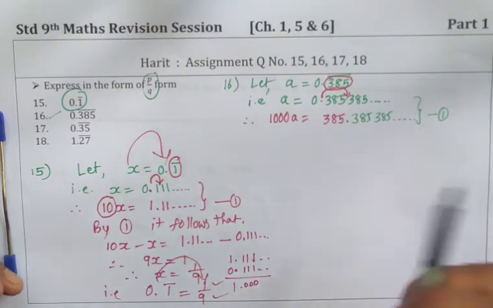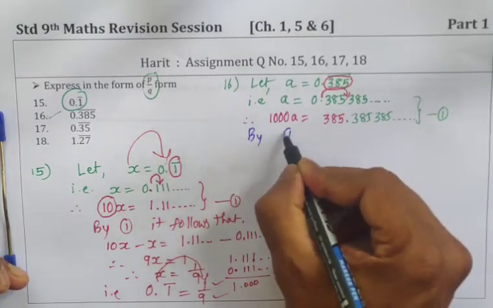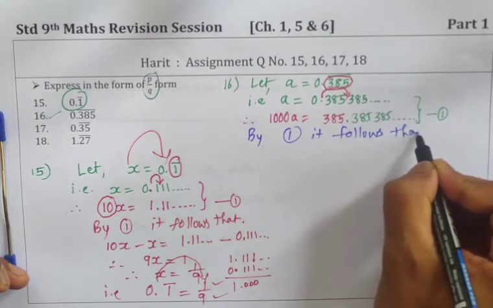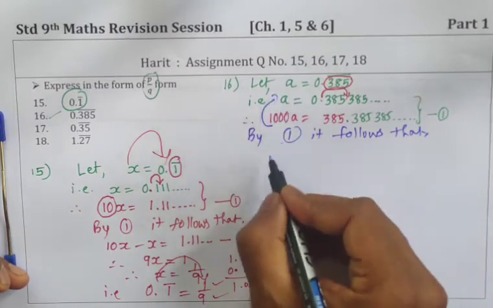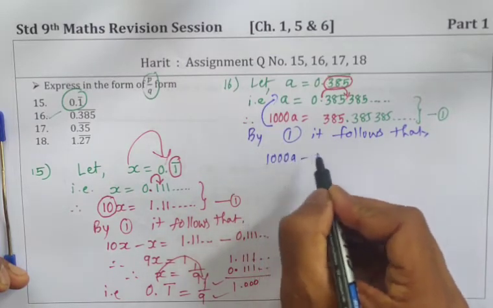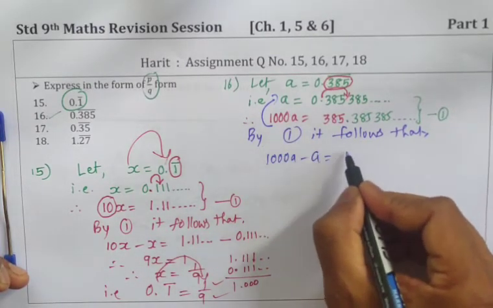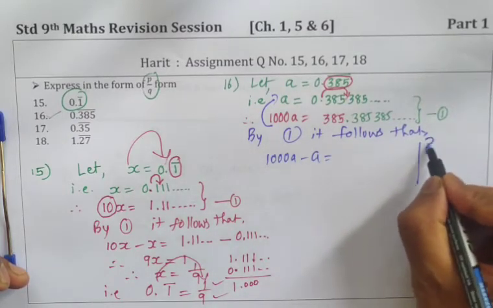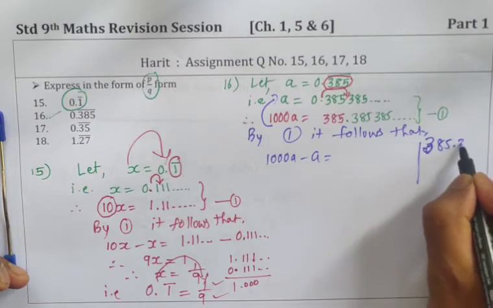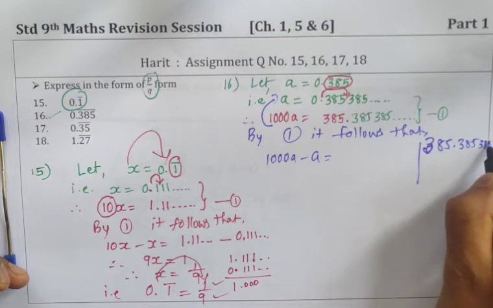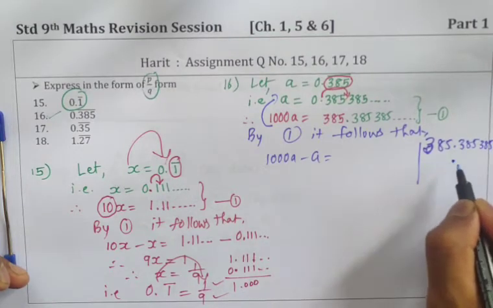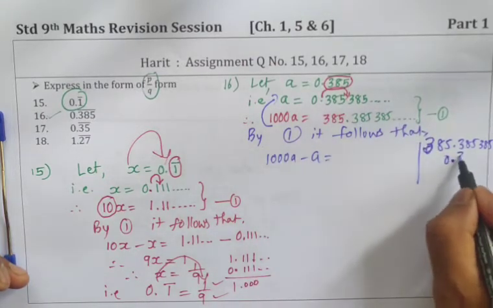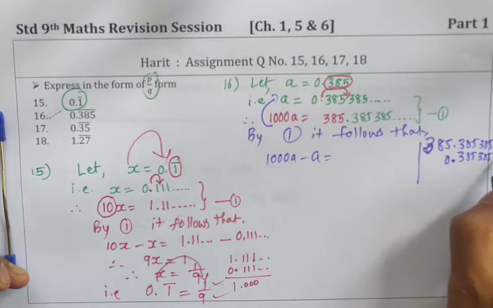By 1 it follows that, we are using Euclid's property, children. 1000a minus 1a is equal to, this minus this: 385.385 dot dot dot, point below point first, then 0 after it, and 385 dot dot dot.